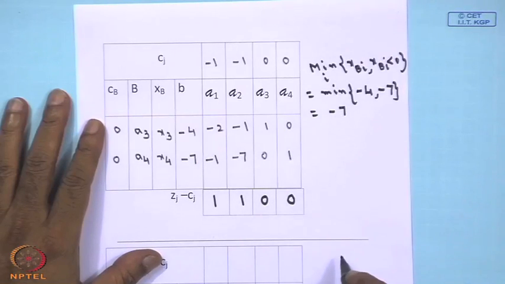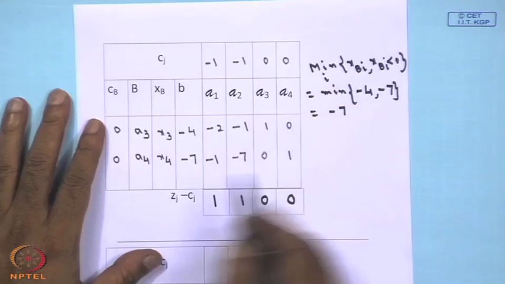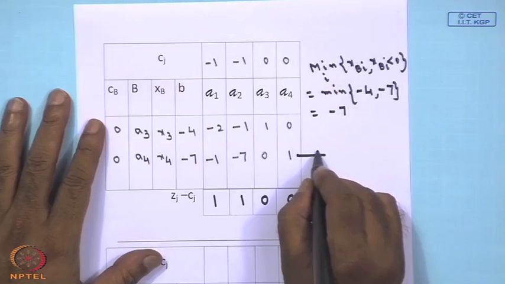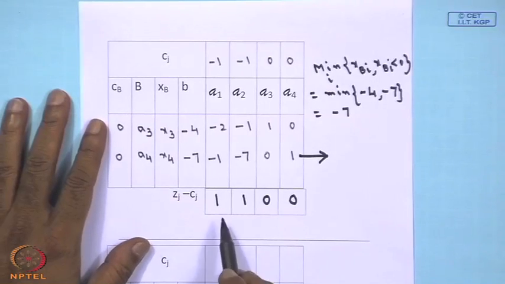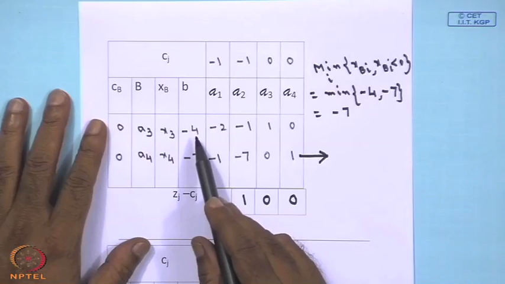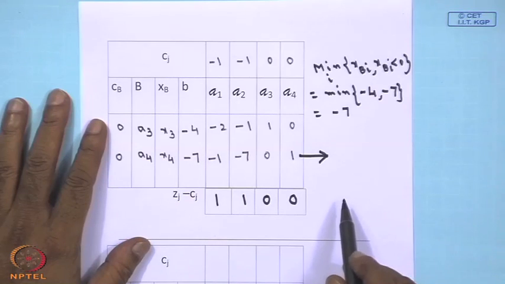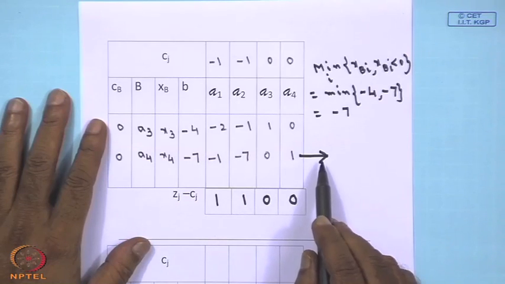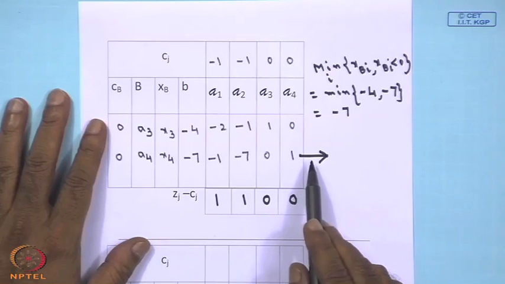Therefore, your x4 will leave the basis, since minus 7 corresponds to x4. I think it is clear now that you are checking xb values, and whichever is the most negative will be the departing vector, as we have told. So, your departing vector is x4.